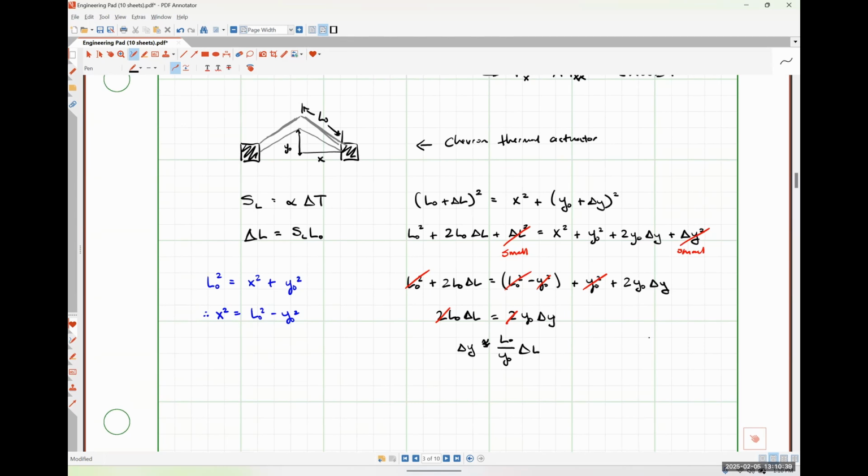So we would need a slight bend. So what Mr. Finch was asking was how to get large displacements out of this, because the change in y is inversely proportional to y naught. So effectively, the smaller y naught is, the larger the displacement will be.